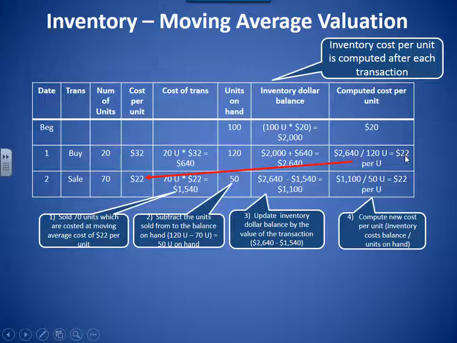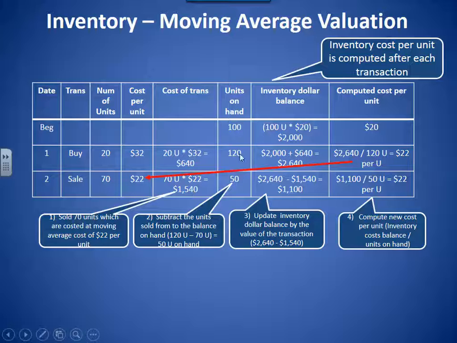So we take the 70 units times the $22 per unit that we'd previously calculated, and our transaction cost comes out to $1,540. We'll remember that and get back to it in a minute.